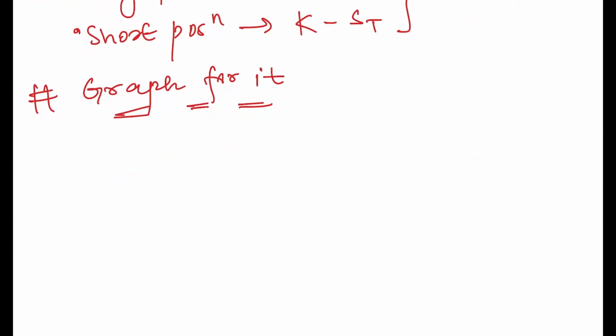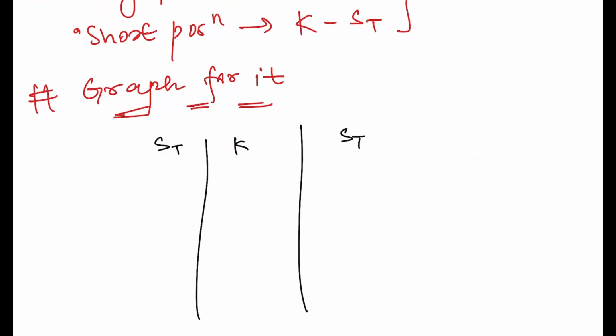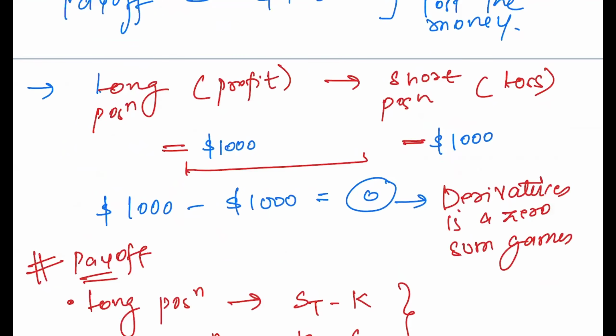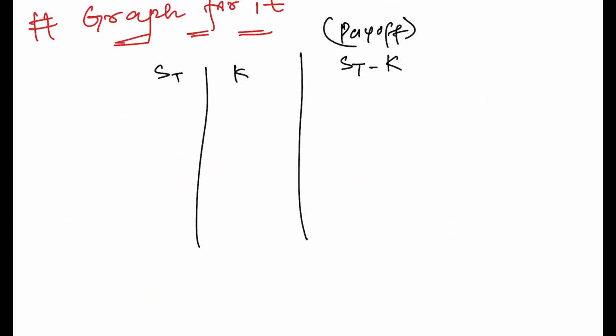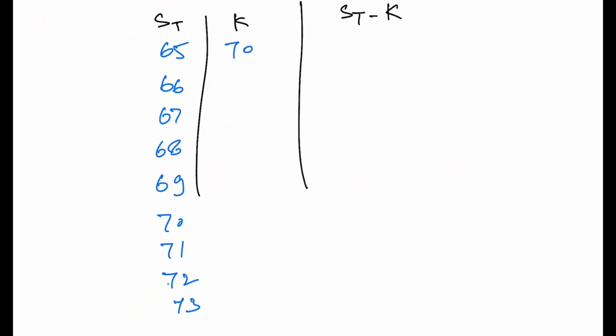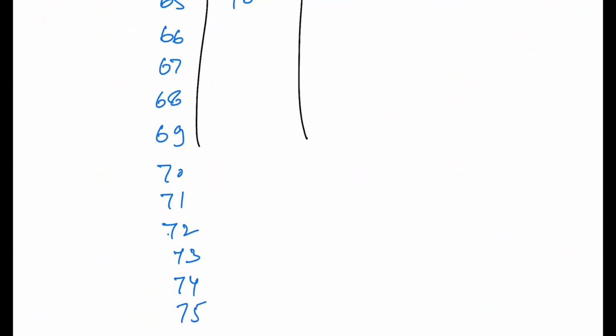So in our case, let's take ST, let's take K, and let's take ST minus K, which is nothing but our payoff from the future contract. Because in our case the predetermined price was 70, let's take the values going between 65 to 75, okay? 71, 72, 73, 74, 75.